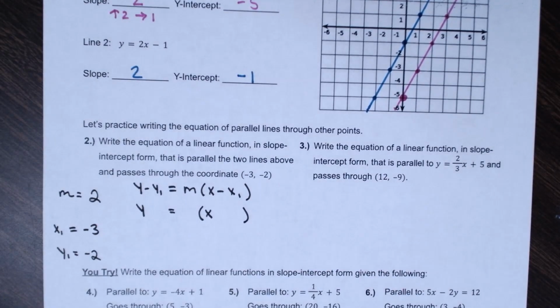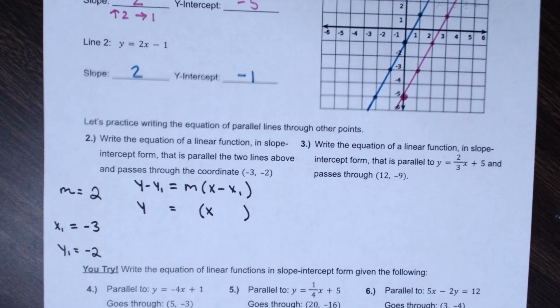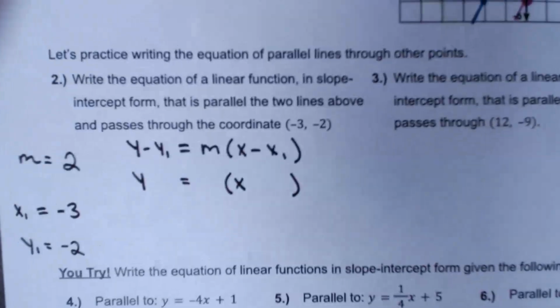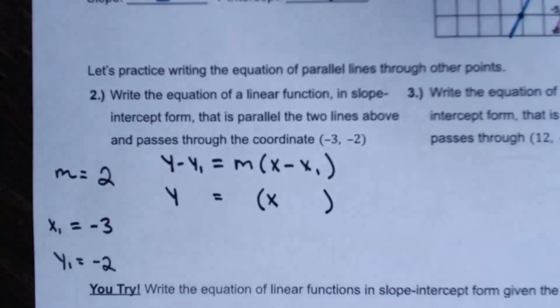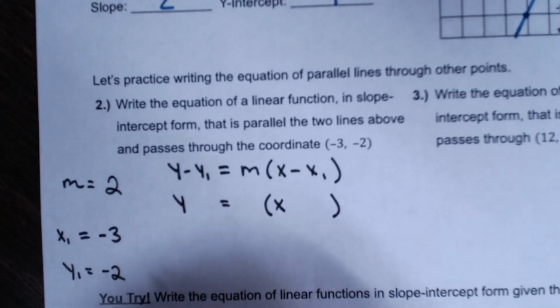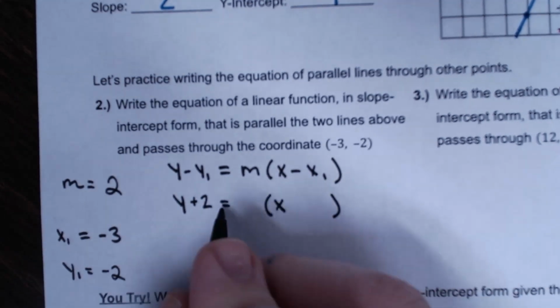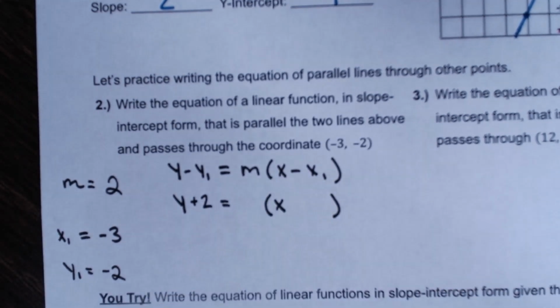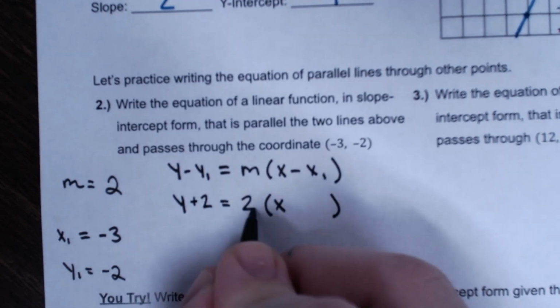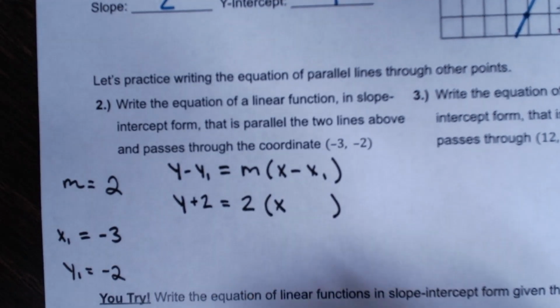What number goes between the y and the equal sign? It's always really tricky to remember to switch these two signs. So y plus 2, what goes after the equal sign but before the parentheses? Just 2. What goes in the parentheses with the x?